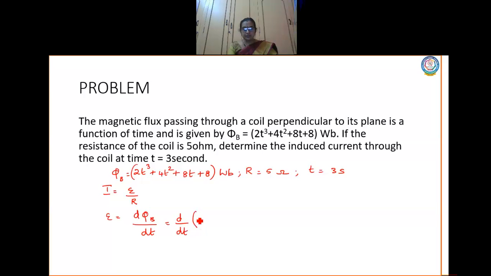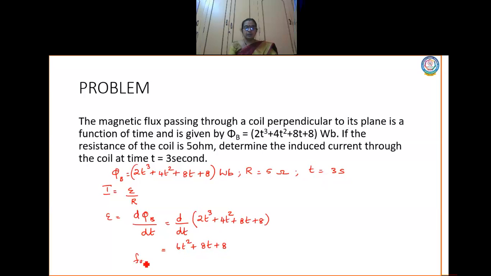So differentiate. So what is the equation now? 2t cube plus 4t square plus 8t plus 8. So when I differentiate, this value will be 3 2s are 6. So it is 6t square plus 8t plus 8. Okay. Now I have to substitute for time 3 seconds because time variable is here.